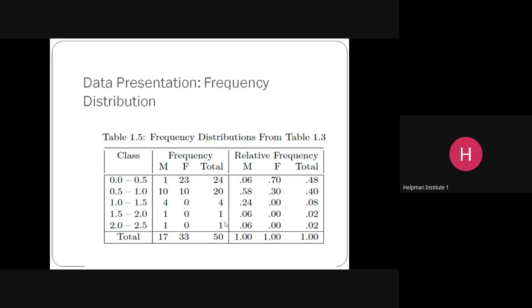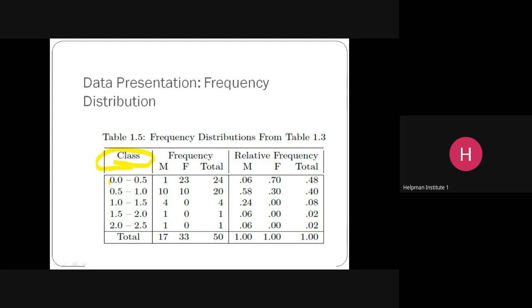So table 1.5 is a better presentation of the data that we observed in table 1.3. We can see here the data has been classified into classes. Here we can see our class intervals, and the first class interval is from 0.0 to 0.5.